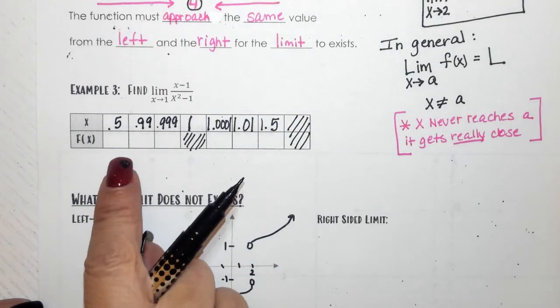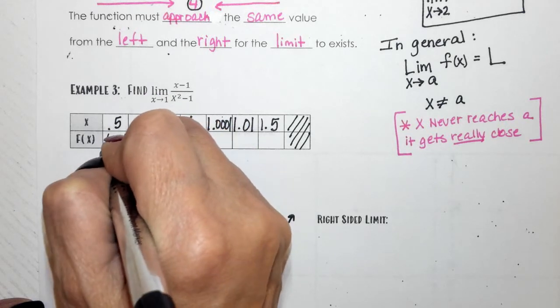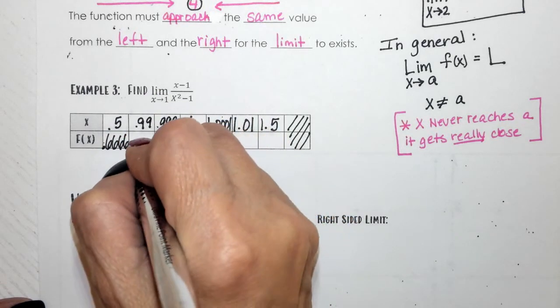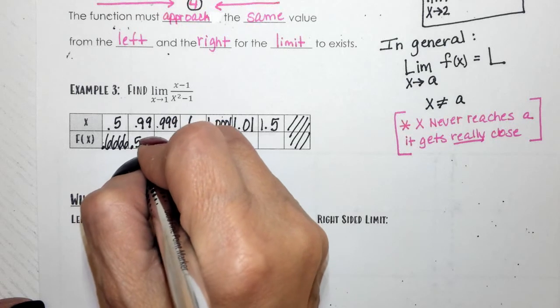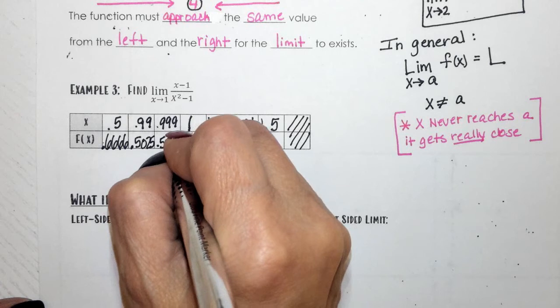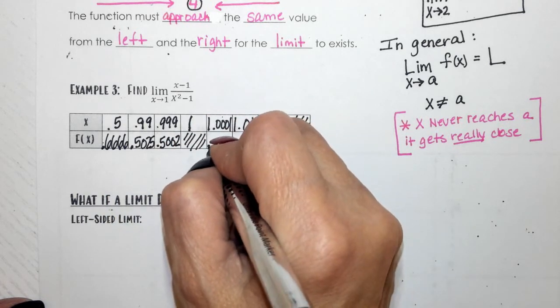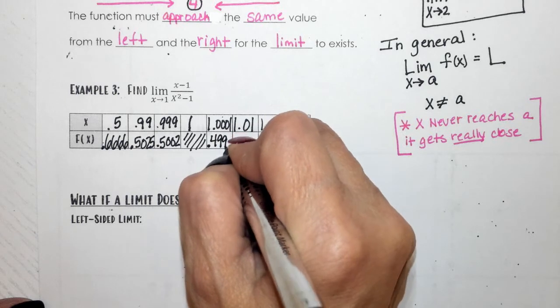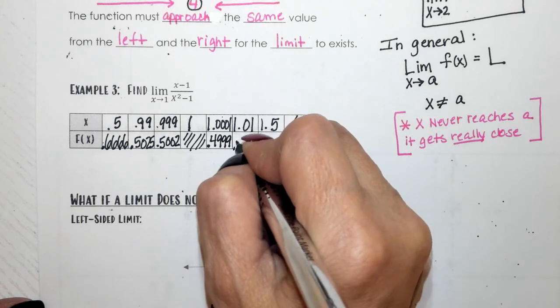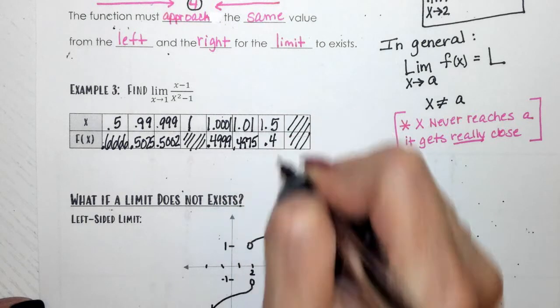All right, starting on the far left, I'm going to get 0.6666. And then I'm going to get 0.5025, then 0.5002. Skip that next one, and then we're going to get 0.4999, then 0.4975, and then we're going to get 0.4.